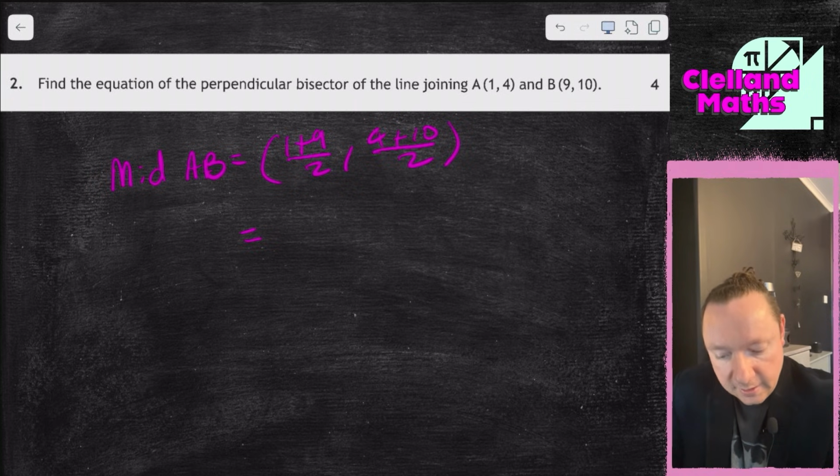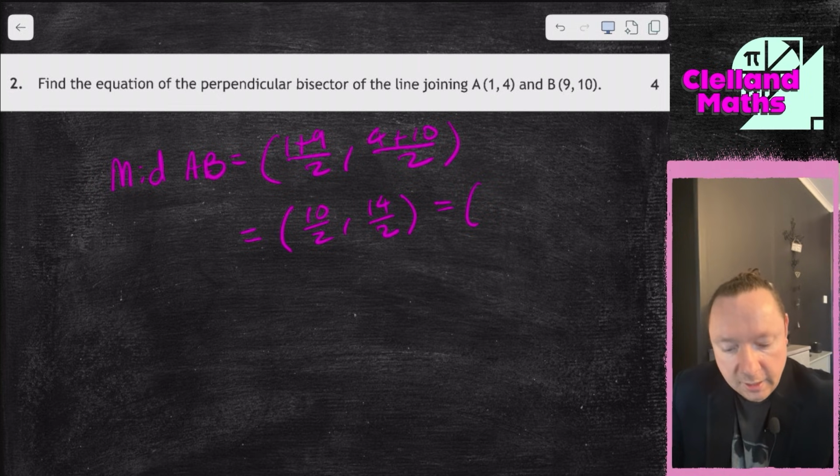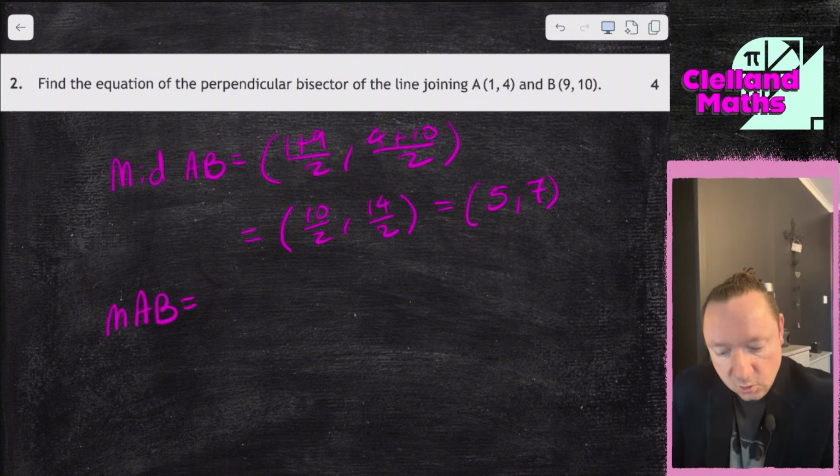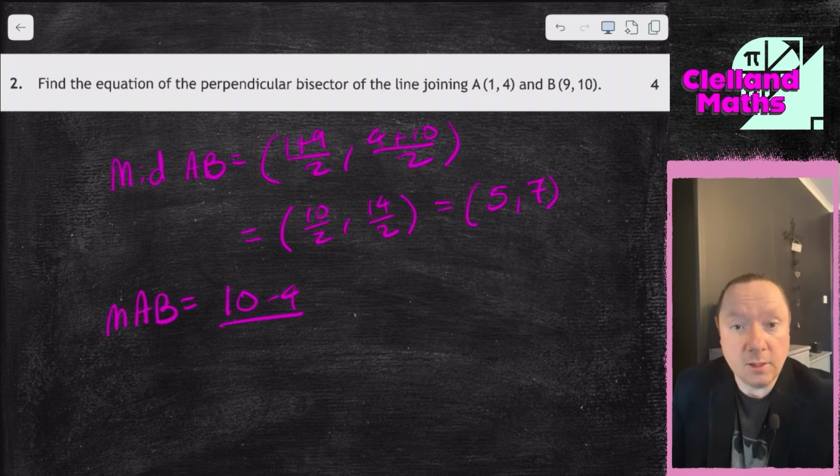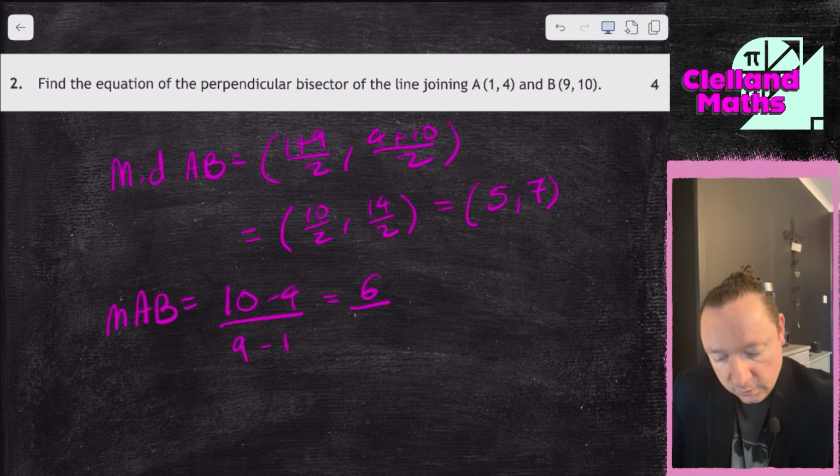1 plus 9 is 10. So that's 10 over 2 and 14 over 2. That gives me 5 and 7. So there's my midpoint, and then I want my gradient of a and b. So 10 minus 4 on the top and 9 minus 1 on the bottom. 6 over 8, which simplifies to 3 over 4.